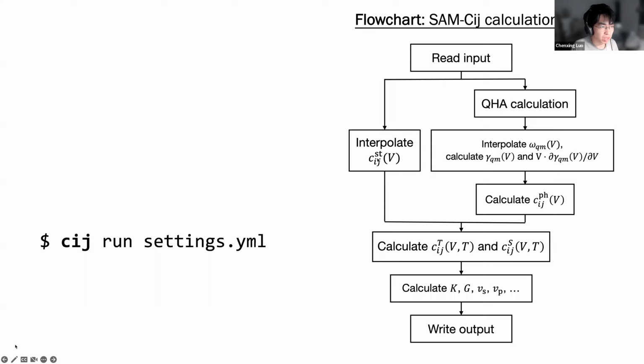If we put together the static part and the phonon contribution, we obtain the CIJ versus volume and temperature, and also the adiabatic ones. And using these elastic coefficients at high pressure and temperature, we are able to calculate the bulk and shear moduli and velocities. After that, we can generate the output.